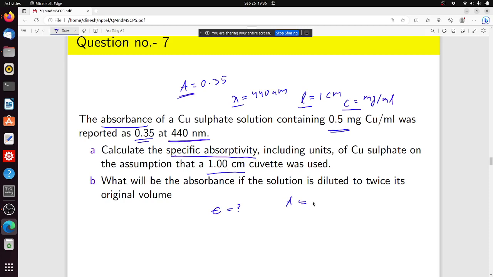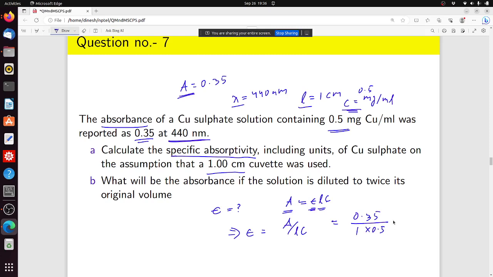A is nothing but epsilon L C. Concentration is given, 0.5 milligram per ml. Length is 1 centimeter. Then we need to calculate epsilon, and A is also given. Okay, this epsilon will be A over L C. A is 0.35, L is 1 centimeter, and C is 0.5 milligram per milliliter.